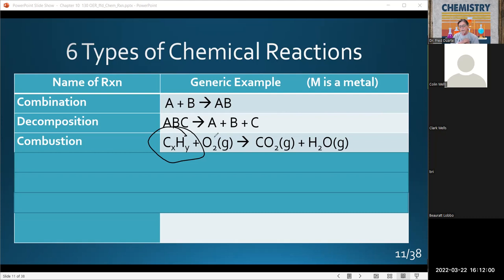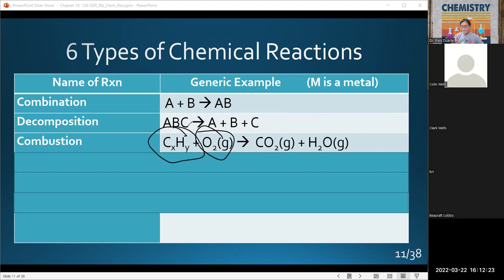Now, to burn anything, the key ingredient for any combustion is oxygen. So oxygen is always a reactant, always involved in the reaction. So you might be asked, given the question, the combustion of butane, and you're given the formula for butane. Write the reaction of butane, a hydrocarbon.